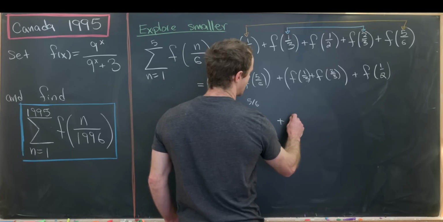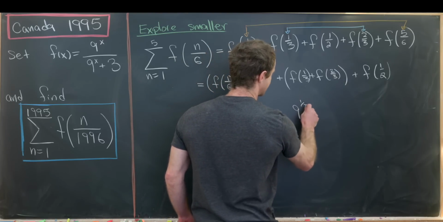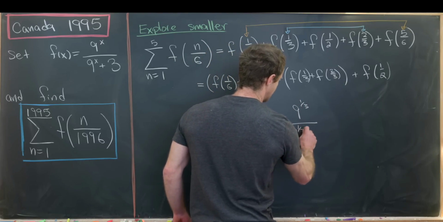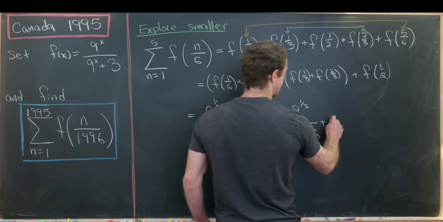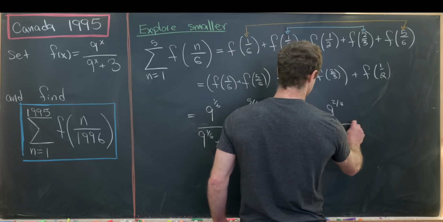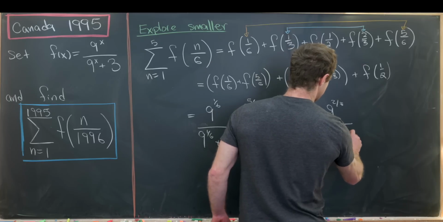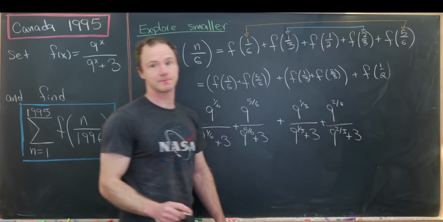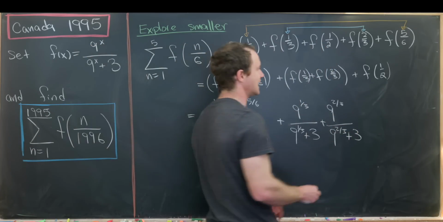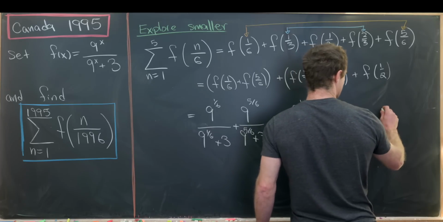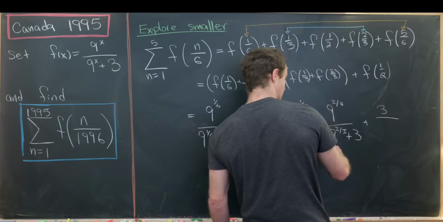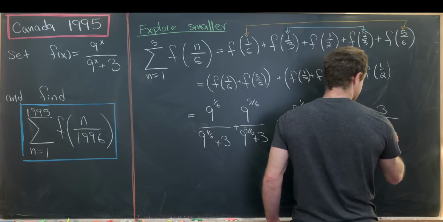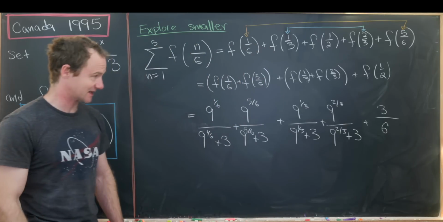And then here we'll have 9^(1/3) over 9^(1/3) plus 3, plus 9^(2/3) over 9^(2/3) plus 3, like that. And then finally, right here, we'll have 9^(1/2), which is 3, over 9^(1/2) plus 3, which is 3 plus 3, which is 6.